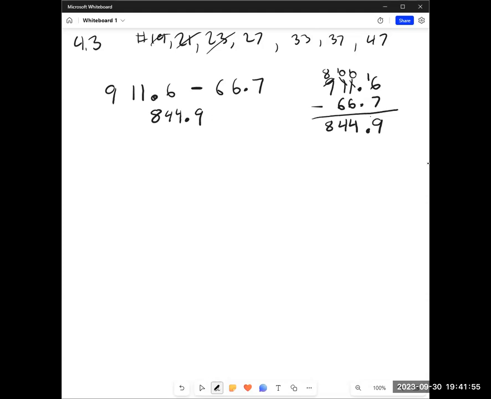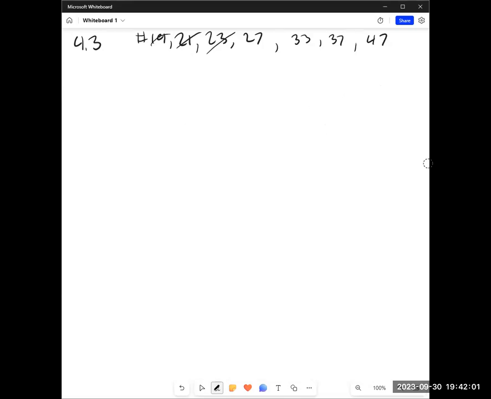Now we want to subtract and check, just like we did the first time. 500 minus 4 and 8/10.